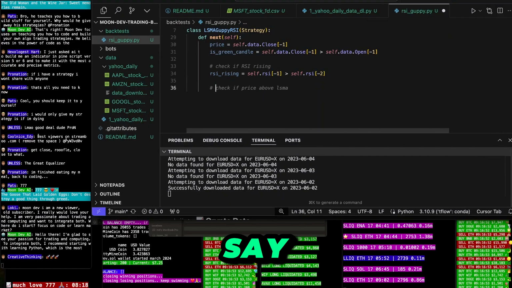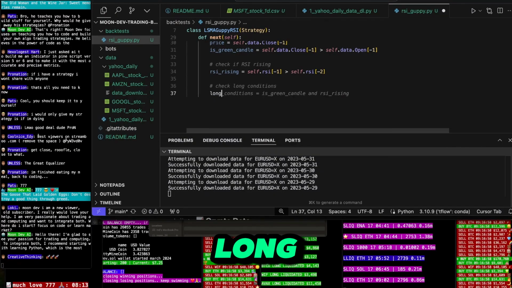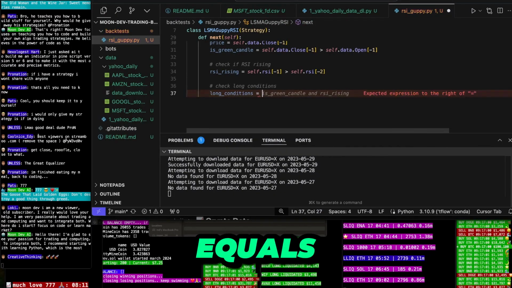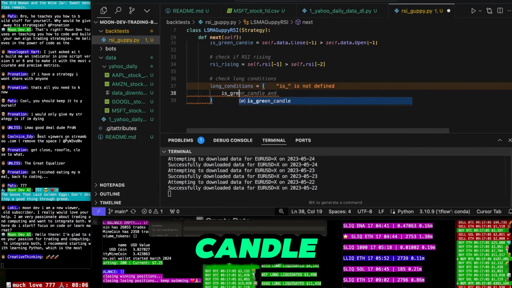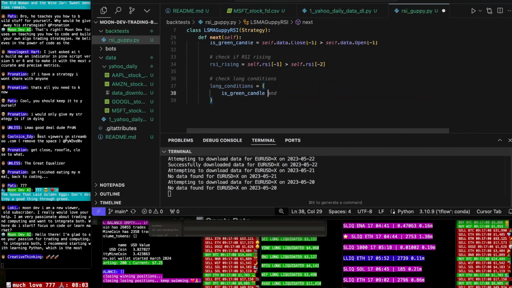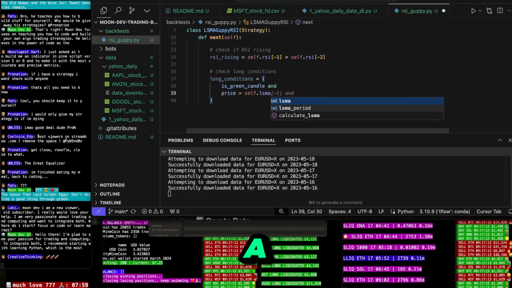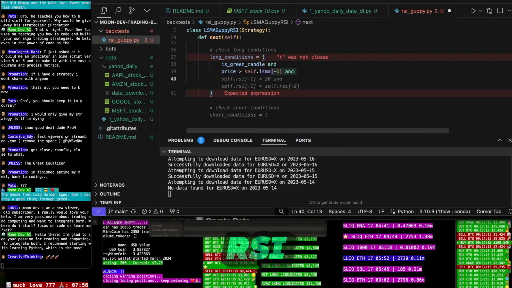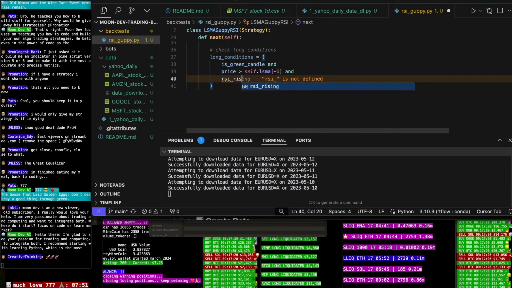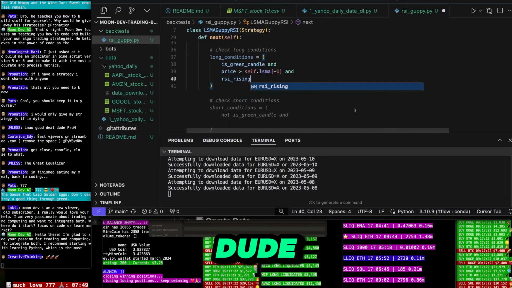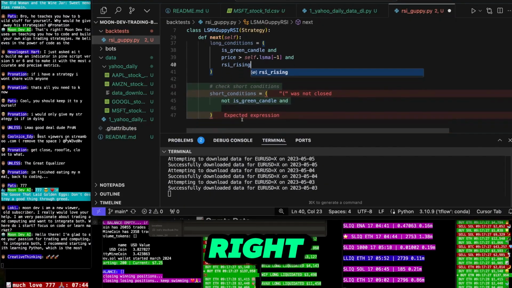And then we want to go ahead and say check long conditions, and say long conditions equals, let's go ahead and make this a little nicer, is green candle, and price is over self.lsma of minus 1 and RSI is rising. Okay, sick, dude. And now we got to check the short conditions. Let's go ahead and I'm just hitting tab here. That's probably not right. No, it's not.